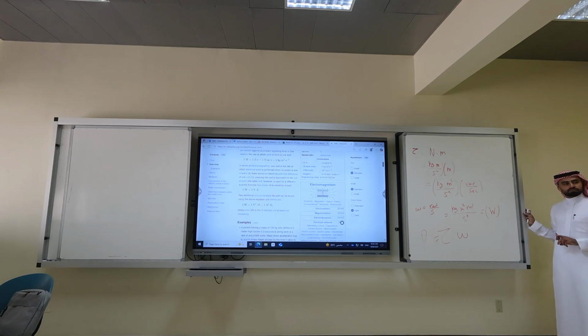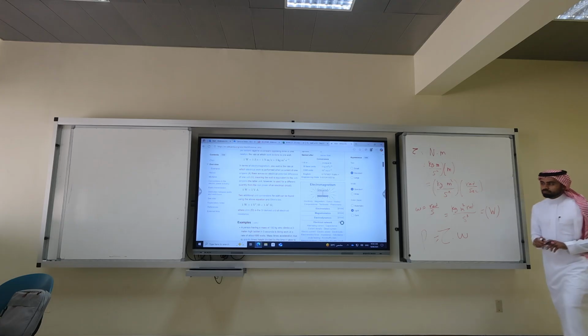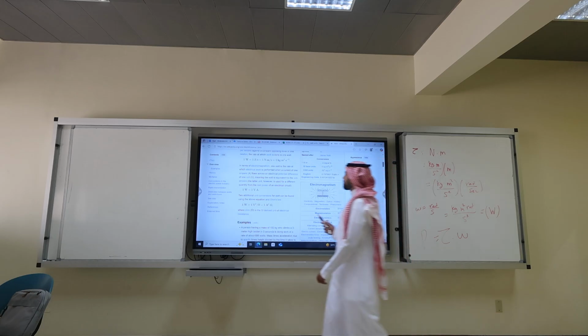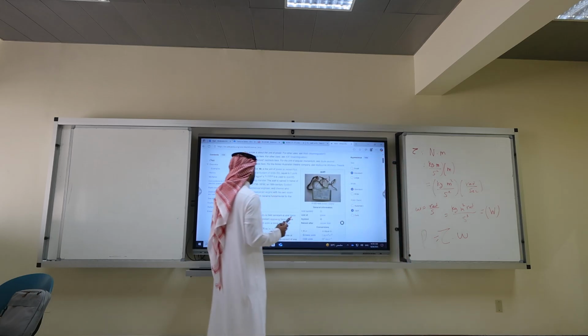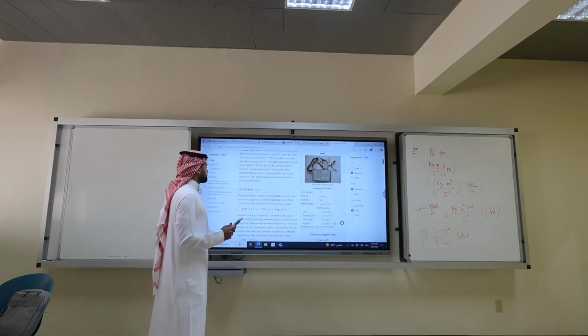Frequency will be 1 over second. So we start with the units even more. I don't think so, Doctor. Here it gives you the power in radians, there in degrees.